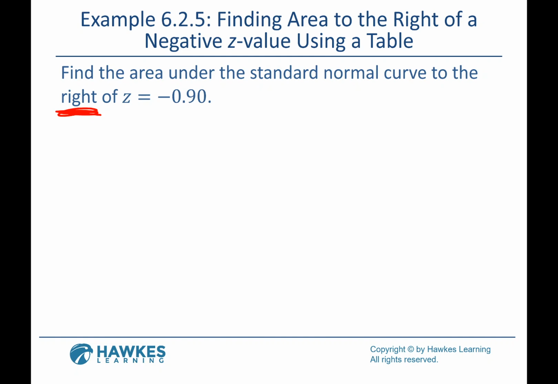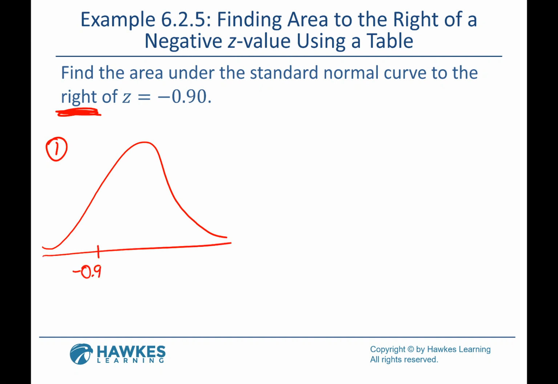Okay? So option number one is we can find this area. If we look up negative 0.90, that's 0.1841. And then we'll do 1 minus that.